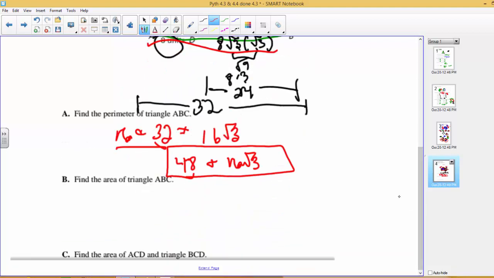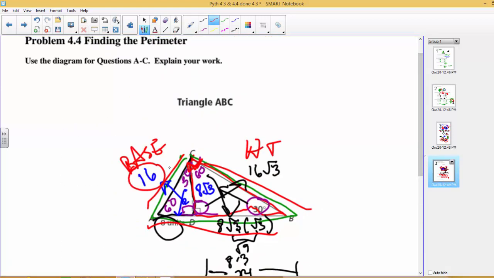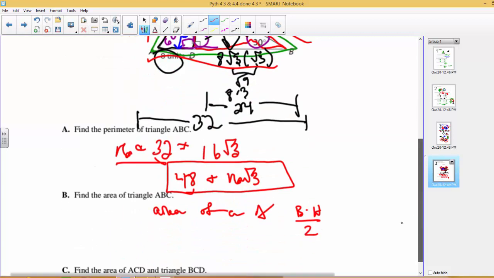So the area of a triangle is base times height divided by 2. So the base was 16 right here, and the height is 16 times the square root of 3, divided by 2.